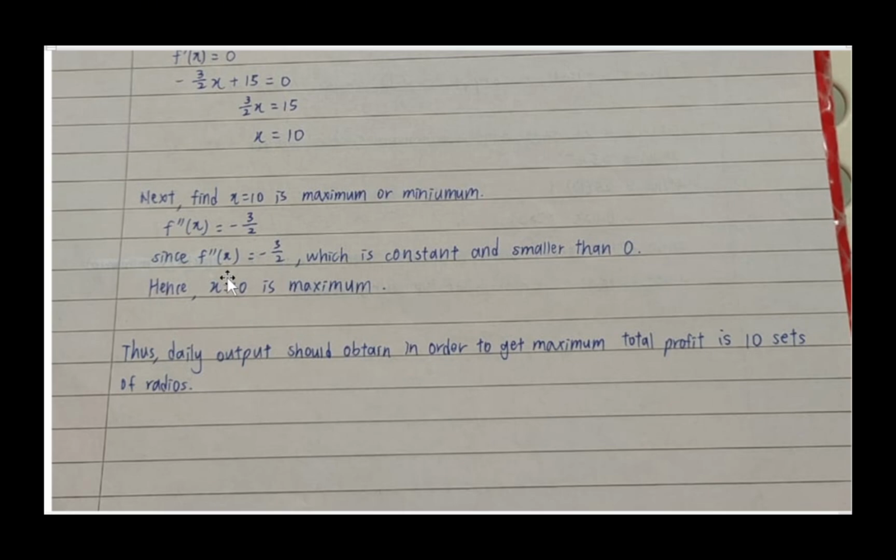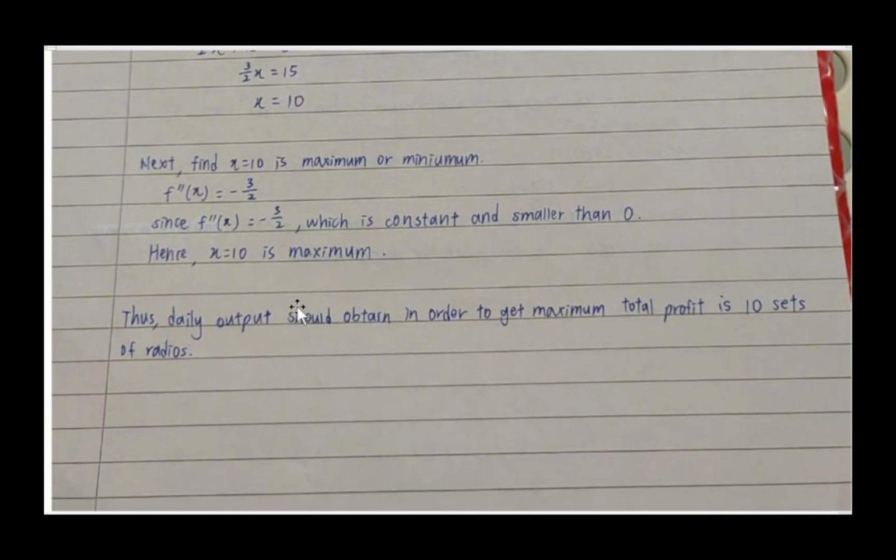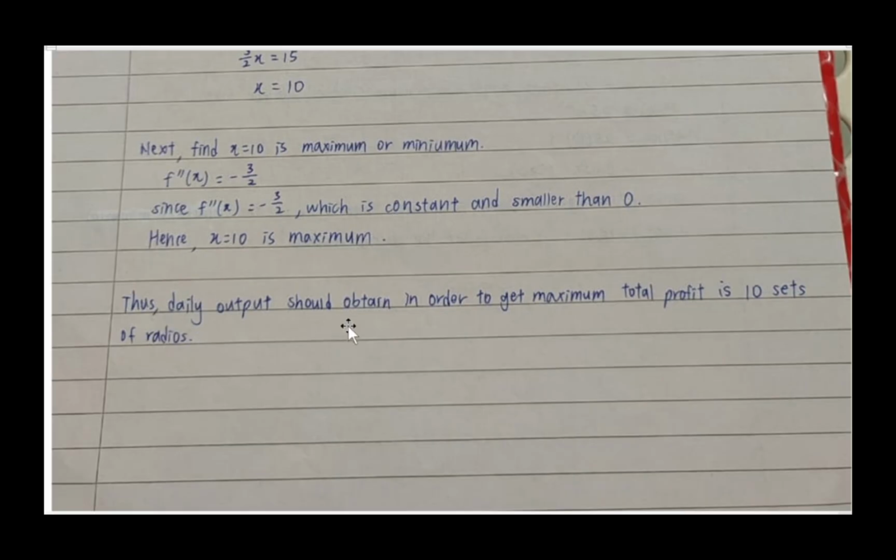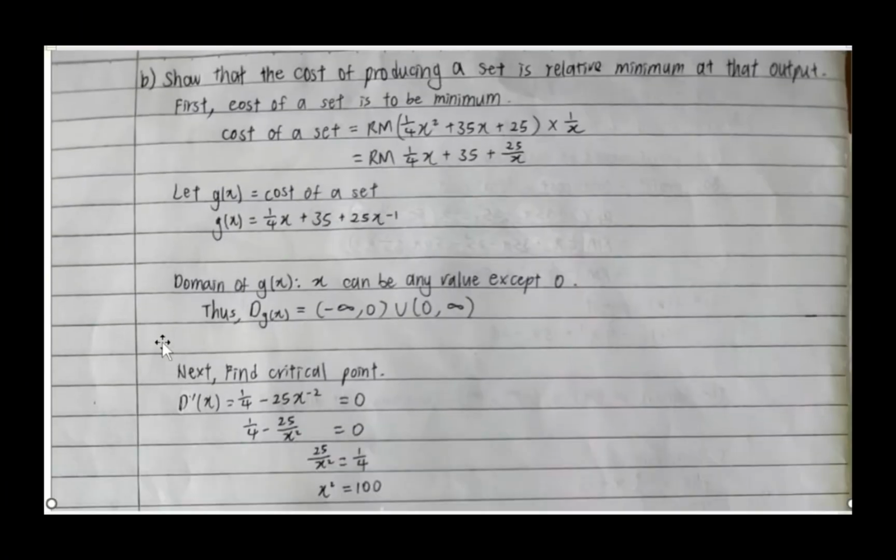So smaller than 0 will be maximum. If f double prime x is bigger than 0, then it will be minimum. So we can know that the daily output to obtain maximum total profit is 10 sets of radio. Come to question B.